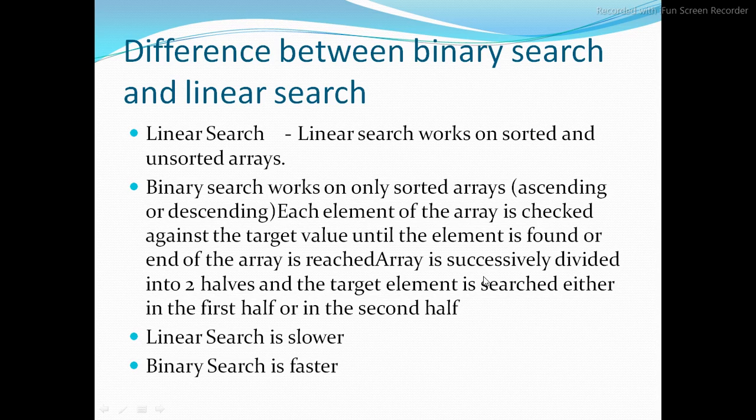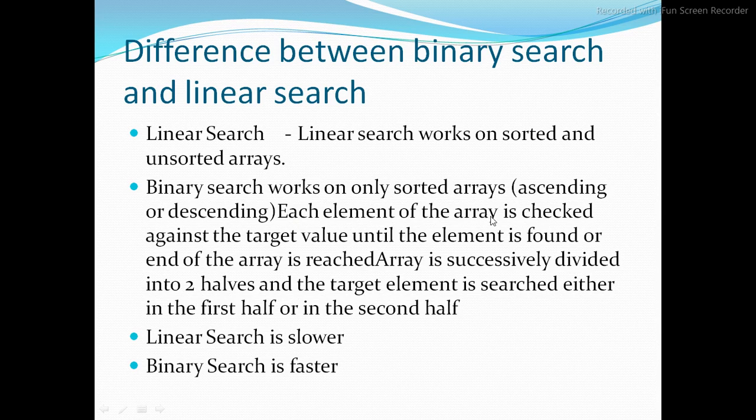Now we have the question: what is the difference between binary search and linear search? This is the concept of searching. We have two types of search, binary search and linear search. Linear search works on sorted and unsorted arrays. Binary search works only on a sorted array, data which is already sorted, either ascending or descending.